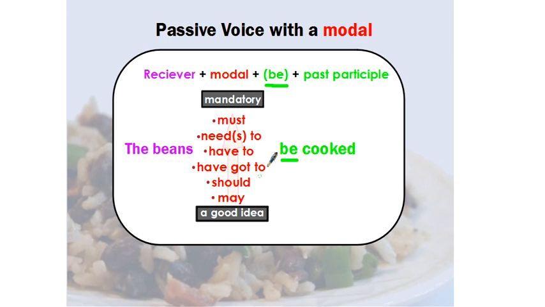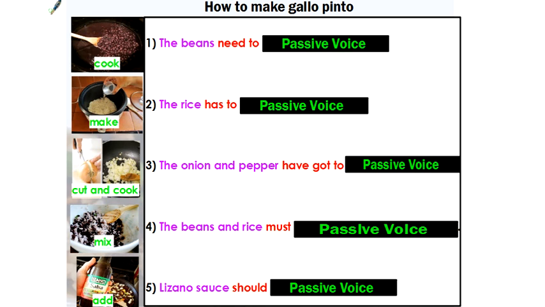Okay, so those are the different modals that we can use. Very good. So let's practice. So how to make gallo pinto? Well, the first thing we said, we remember, is that the beans need to be cooked. Okay? The modal, be, and the past participle.